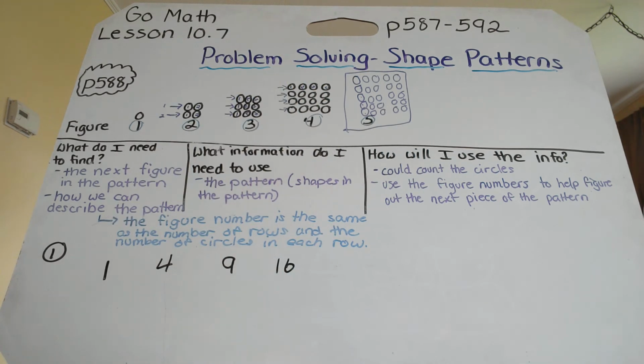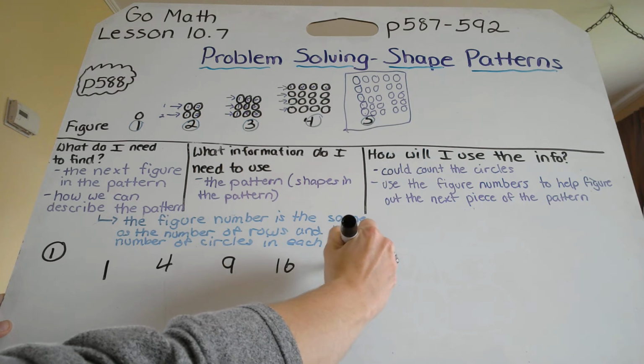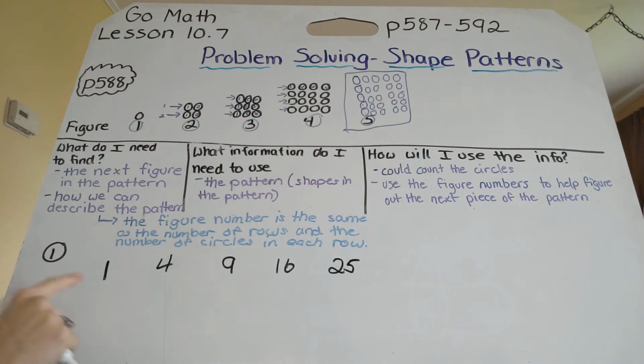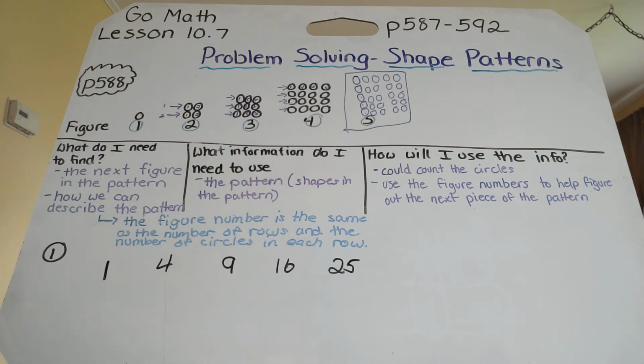And how many are in figure 5? 25, right? Okay. So this is how many circles are in each of these figures. So let's see if we can figure out what the pattern is.